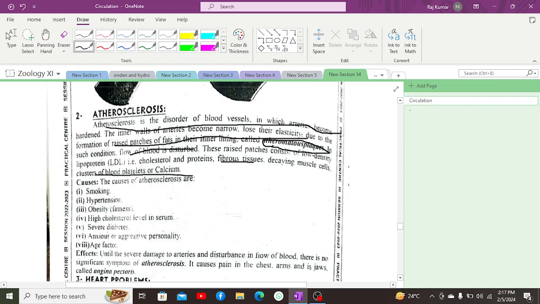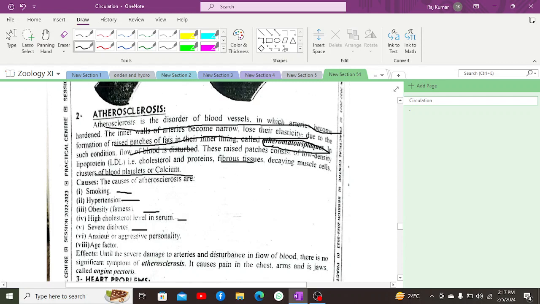calcium as well. Causes such as smoking, hypertension, obesity, fattiness, high cholesterol level in serum, as well as severe diabetes. Serum refers to the fluid present in the body.